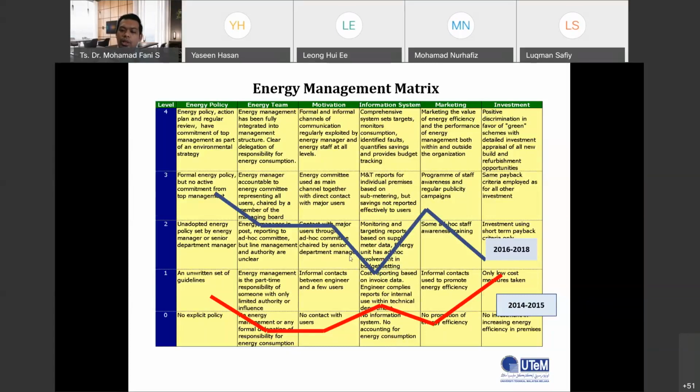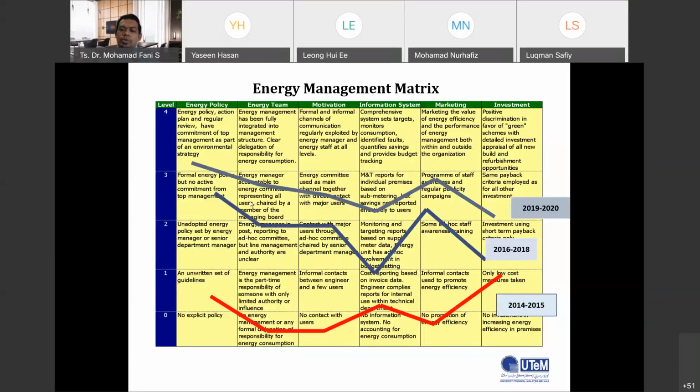But we discussed and explained to the management that it is important to put the target reports based on the metadata, and then we need to clearly present our electricity status to our staff. For the marketing part, the investment at that time was zero, only a small amount maintained from the previous one.